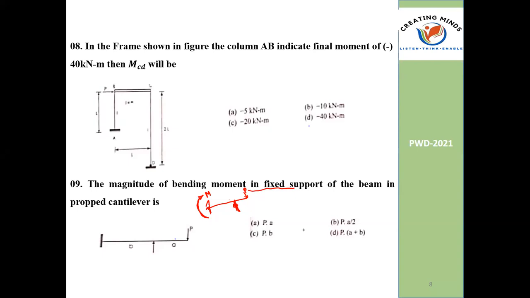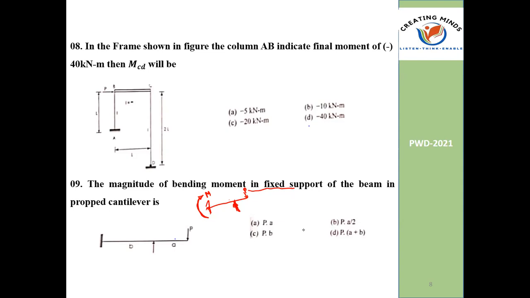PA is correct. Why? Because whatever moment we take at the prop, the same moment acts here. When you convert the overhang into a couple, that couple is the same throughout the length of the beam, whatever the type of the beam.